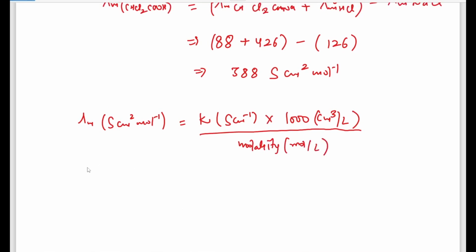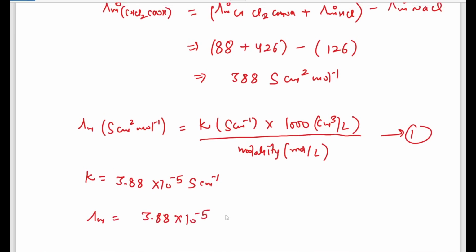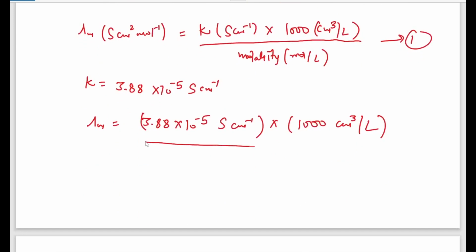The value of kappa is already provided in the question, that is 3.88 × 10^-5 Siemens per centimeter. Now we fill this value into equation number 1. So this will be 3.88 × 10^-5 Siemens per centimeter multiplied by 1000 cm³ per liter, divided by the molarity 0.001 mole per liter.